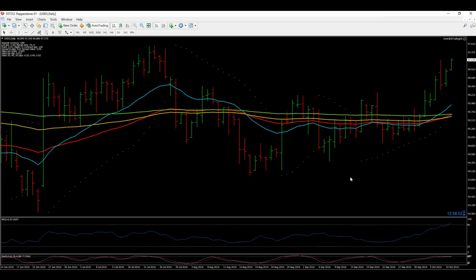Let's not forget there is data coming out tomorrow from the minutes of the FOMC, and I think a lot of people will be looking at those minutes to really see what the rationale was from the FOMC, and potentially how close or how far they were from that rate hike.